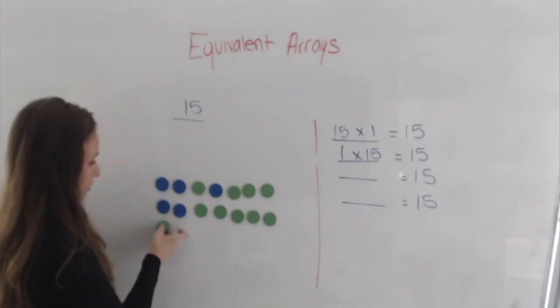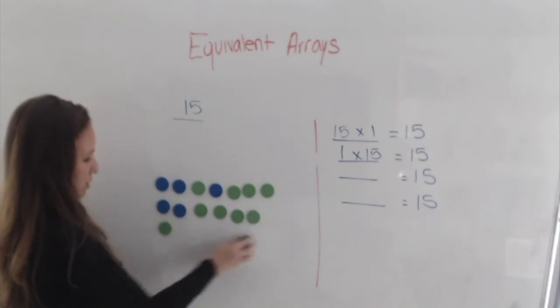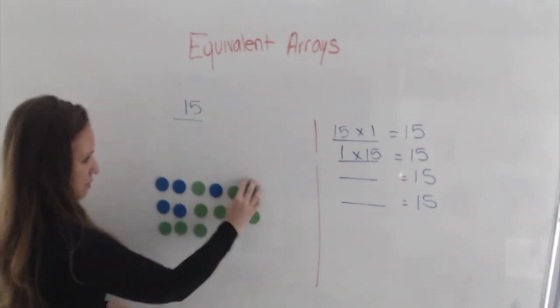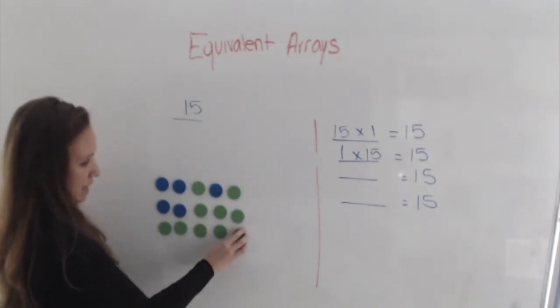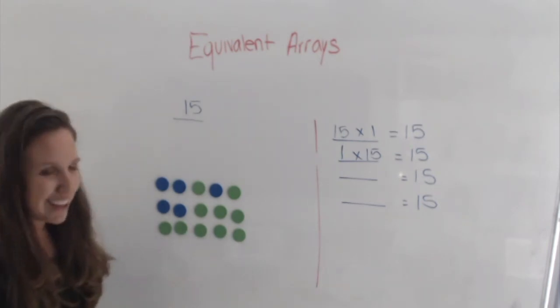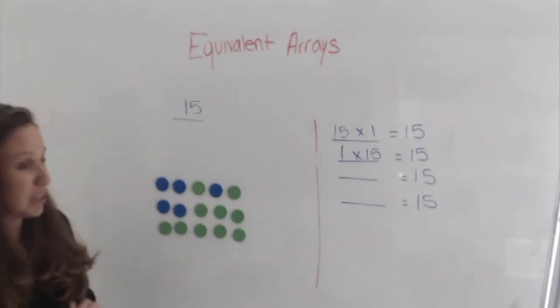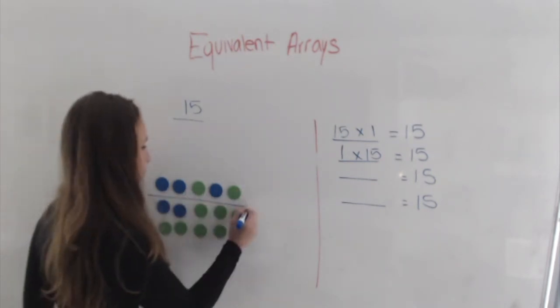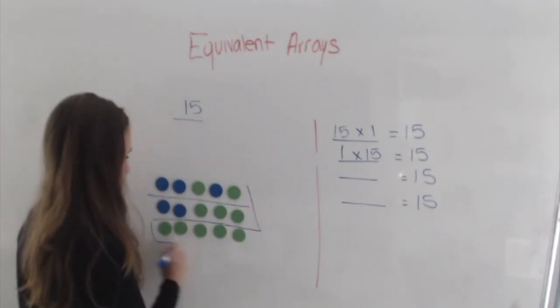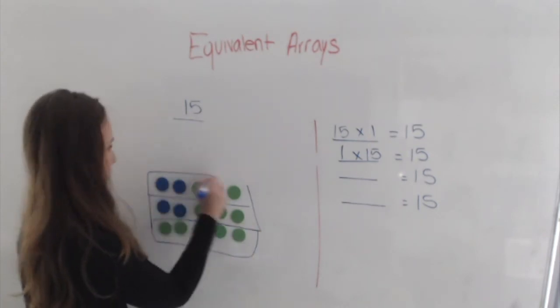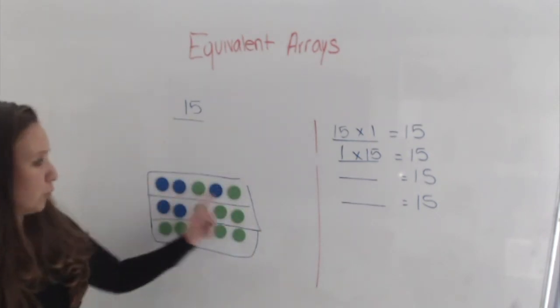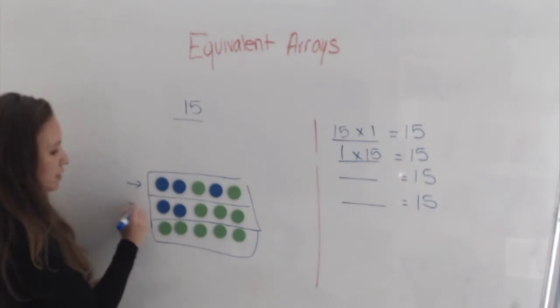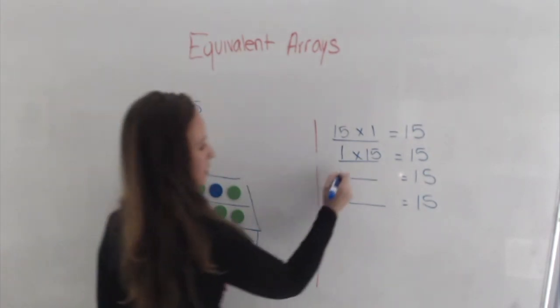Let's try 3. Let's move some of these around. If I take that one, and that one, and that one, and that one, look at that. 3 worked. I used all of my dots, and all of my columns and rows are equal. So how many rows did I have? 1, 2, 3.